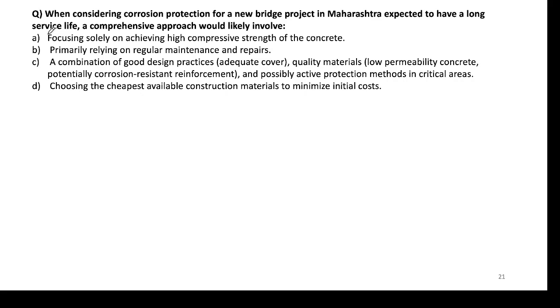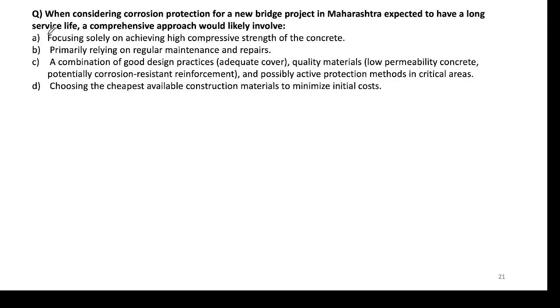What approach will you adopt? Option A: focusing solely on achieving high compressive strength of the concrete. Then you think the durability of the concrete will be very high, and that will give you a very long service life. That is one approach. Option B: primarily relying on regular maintenance and repair. You are saying that we will regularly maintain and repair, hence the service life will be higher.